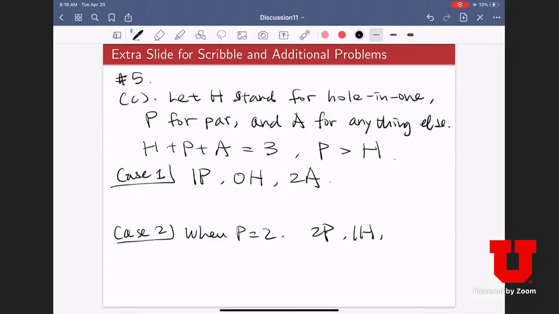If it's 1H, then you should have 0 anything else, or if it's 0H, it should be 1A. And that's your two combinations for case 2, which means you're probably going to use the rule of sum somewhere in your case 2 computation.